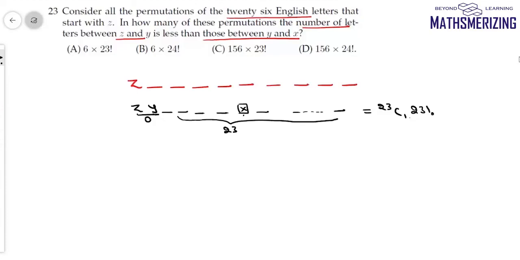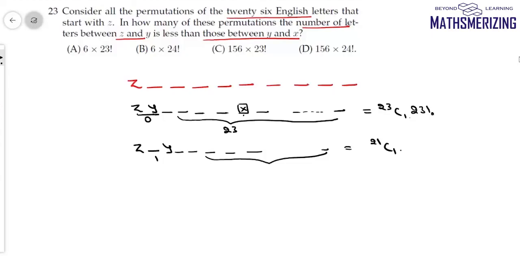That means I need to arrange the remaining 23 letters in 23 positions. So it can be done in factorial 23 ways. Now, what if there is one letter between Y and Z? Then between Y and X, there should be at least two letters. So in this case, the number of positions available for X is 21.